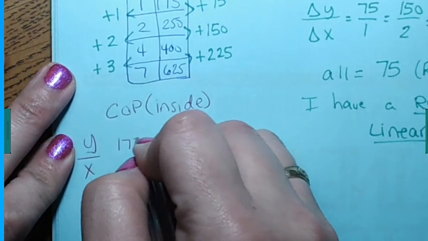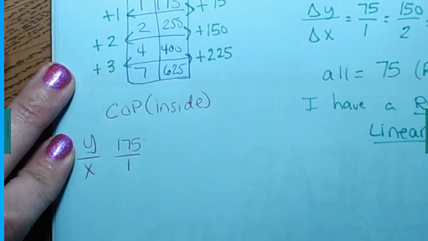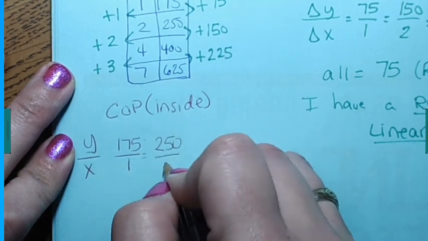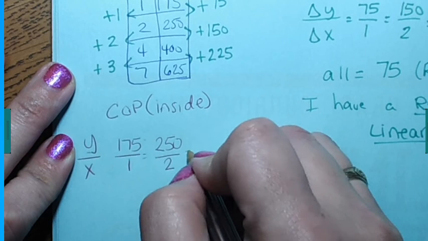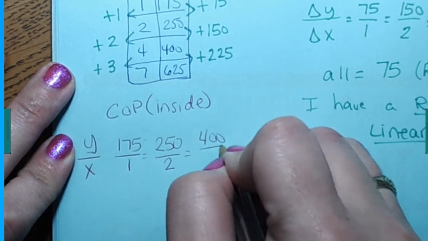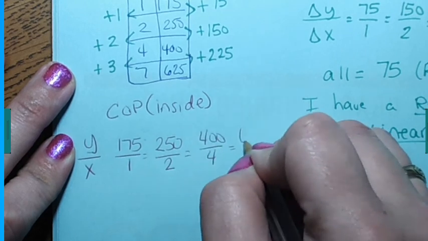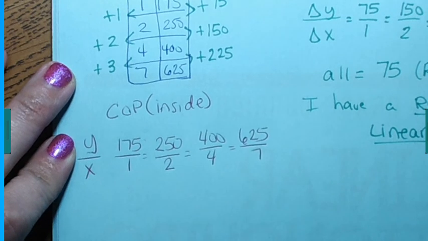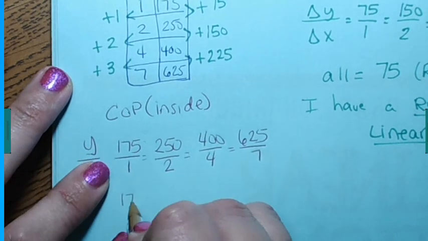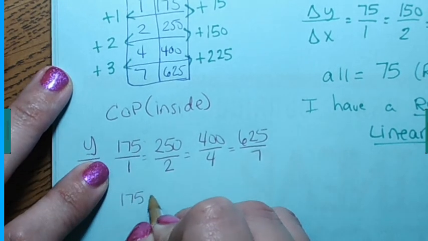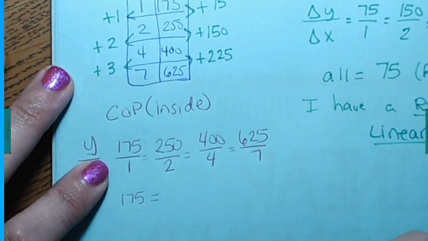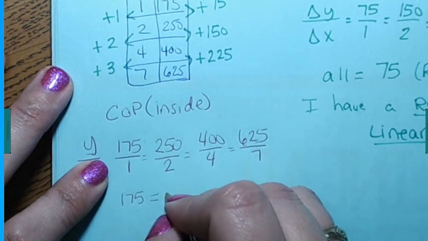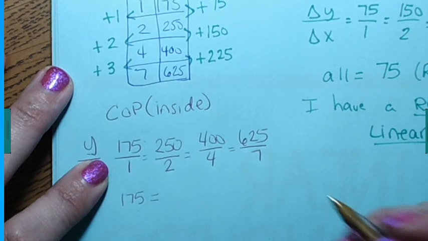So 175 over 1, 250 over 2, 400 over 4, 625 over 7. I know when I divide 175 by 1, I get 175. What is 250 divided by 2? 125.